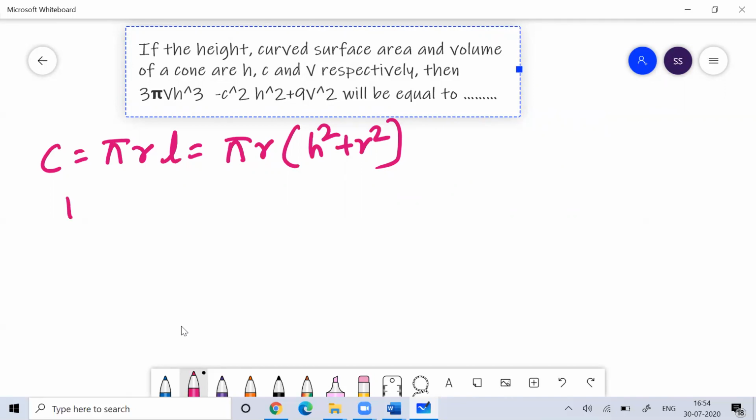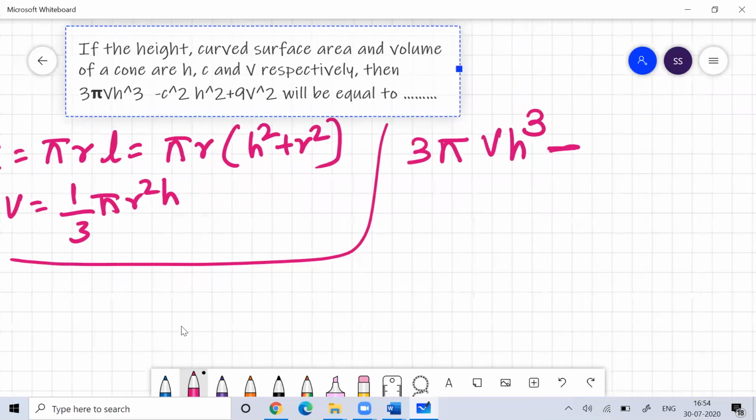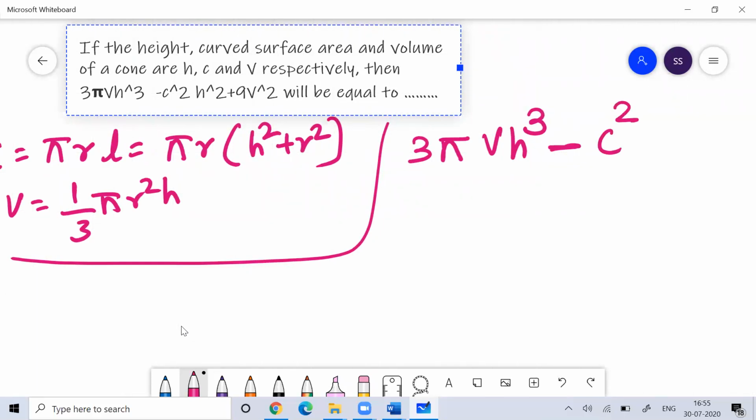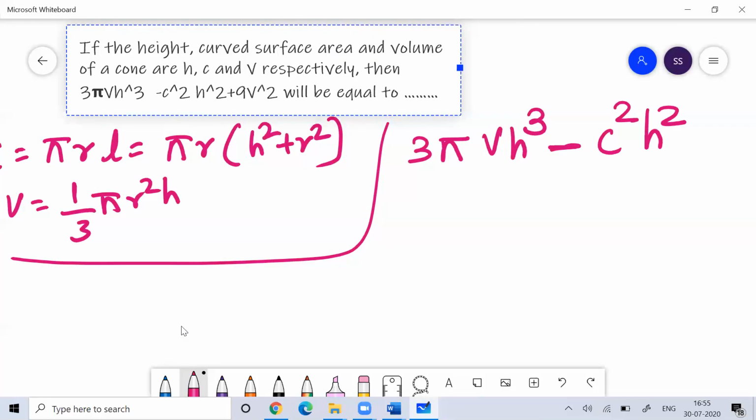And the volume is 1/3 pi r square h. What you need to find is 3 pi v h cube minus c square h square plus 9 v square.